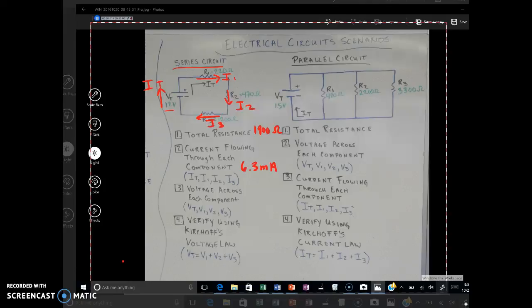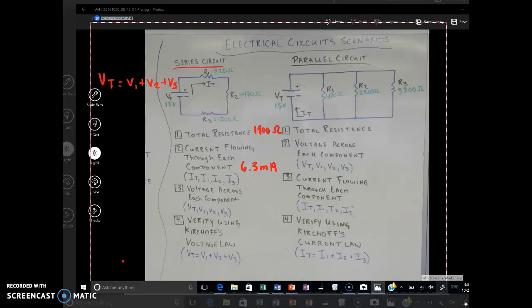We actually have to calculate the voltage across each component individually, and then we add them all up, and that gives us our VT. So the rule states that for a series circuit, voltage total is equal to V1 plus V2 plus V3. We need to solve for what those values are going to be.